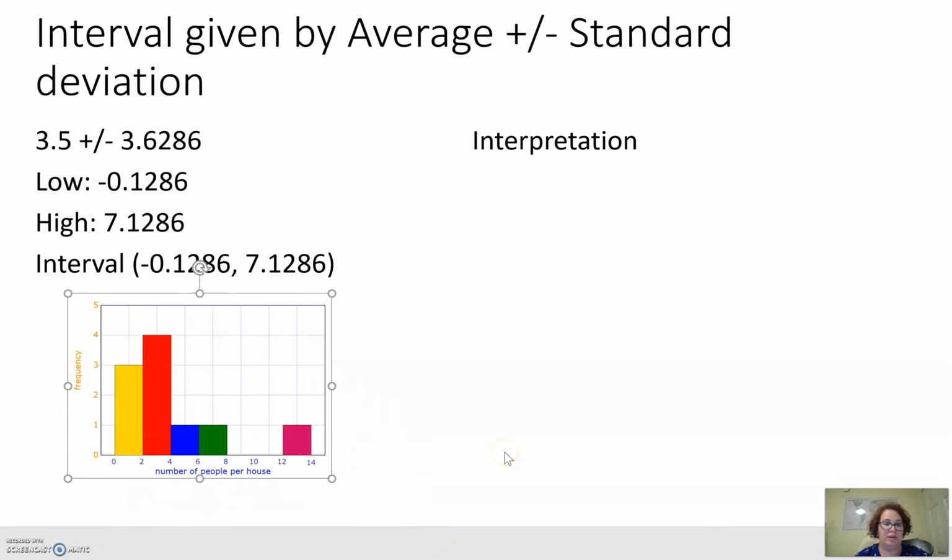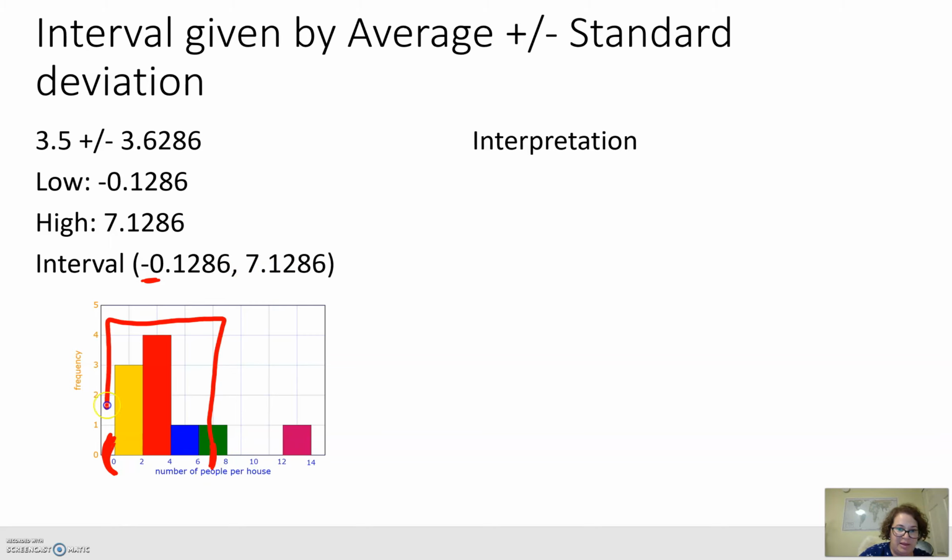This little interval, I can capture right on my number line. It's kind of like drawing a big circle around the interval. On this side, the negative 0, that's on this end. And positive 7, well, that's a little bit bigger than here. It's kind of like this is what's typical.